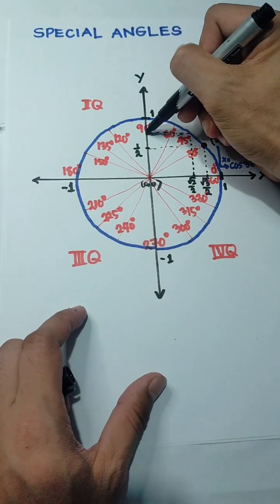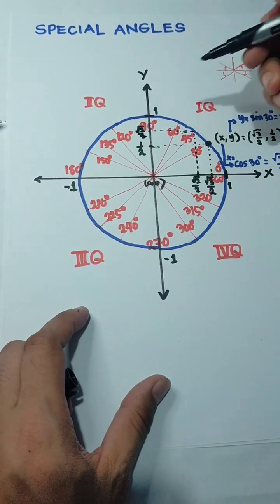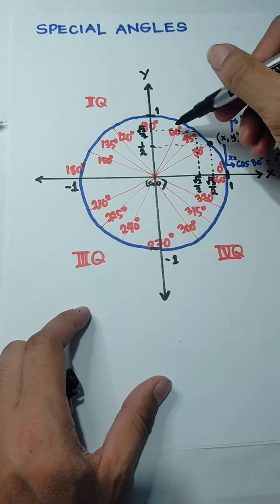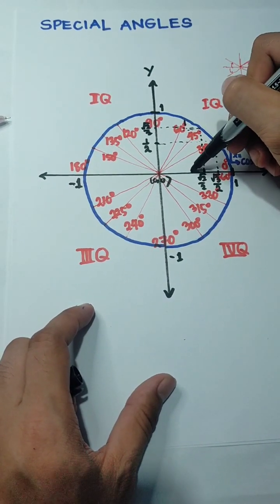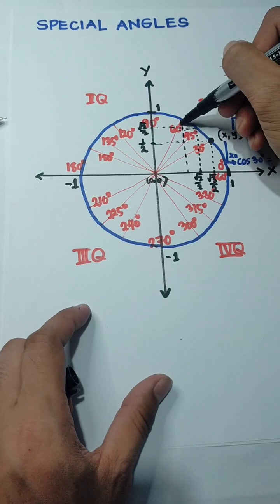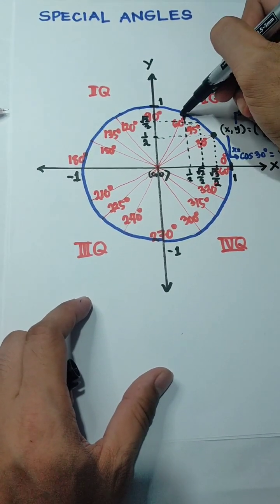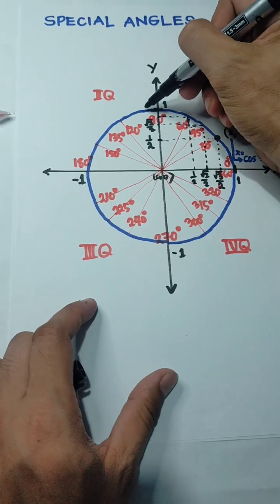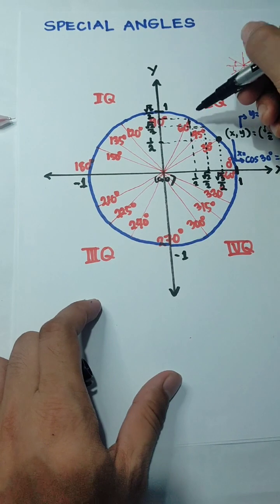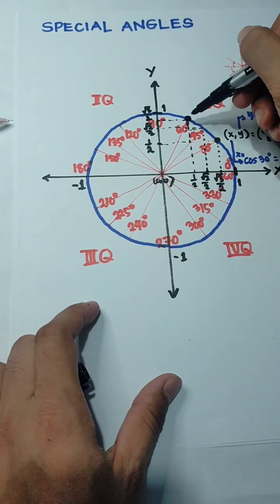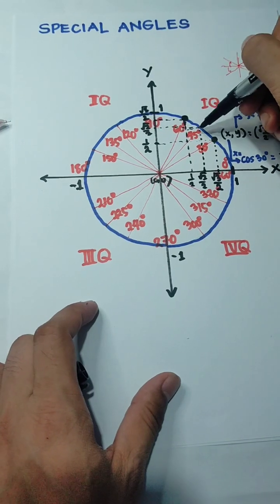So the y value here is the same, square root of 2 over 2. Okay, and for 60 degrees, it's just like 30 degrees but in reverse. This time our x is 1/2 and our y is square root of 3 over 2. Okay, so this terminal point here gives us x 1/2 and y square root of 3 over 2.